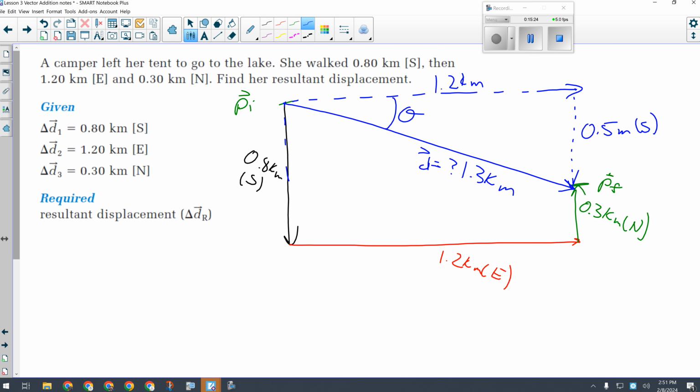Okay. The other thing I need is the angle. So the way I drew this triangle, okay, I'm looking at 1.2 being the adjacent and 0.5 being the opposite. So theta will equal tan to the minus 1, although you could use any trig function you want because you know all three sides of the triangle, okay, of opposite 0.5 over adjacent 1.2.